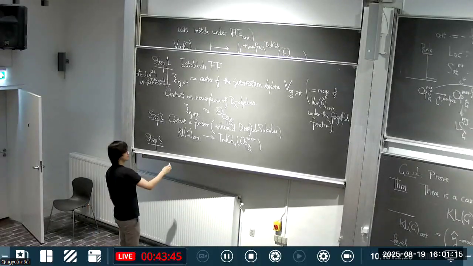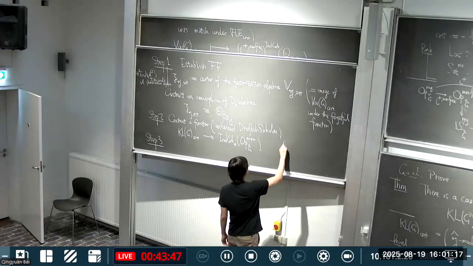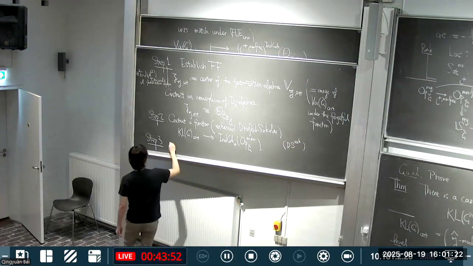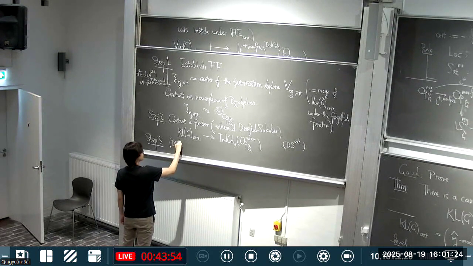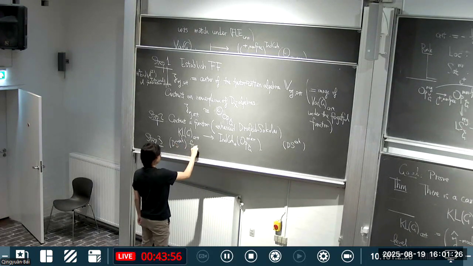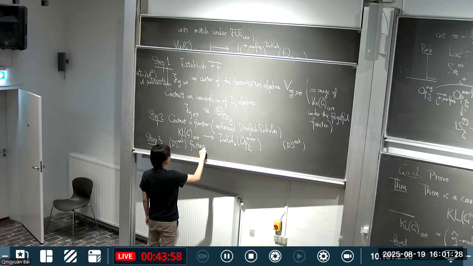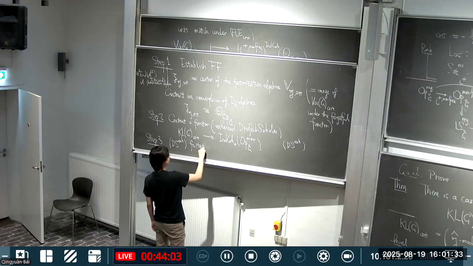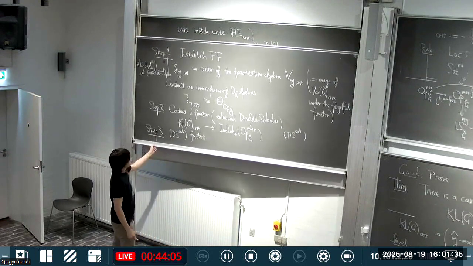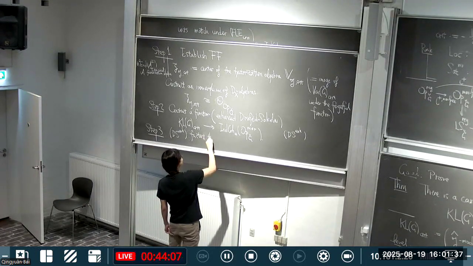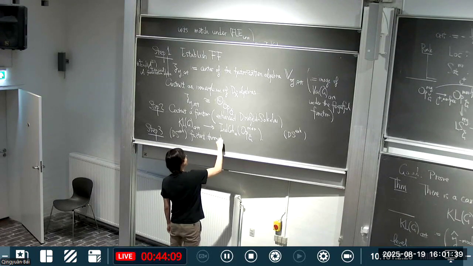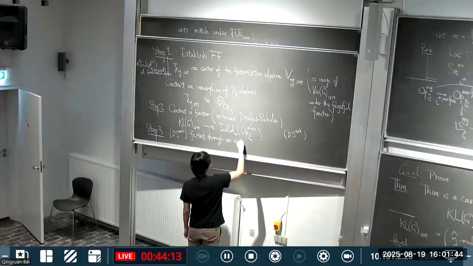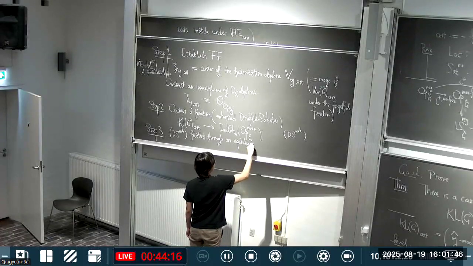So step three says that this, let me call it DS enhanced, factors through an equivalence. Sorry, I cannot write factors without assumption. Factors through. So this is the FLE.